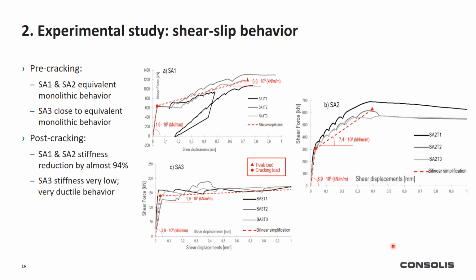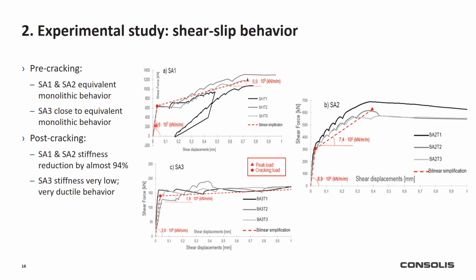Here are the results from the experiments, the shear slip curves, and here we can observe the stiffness values calculated with these equations. We can observe that we have a two-stage behavior for all the specimens.